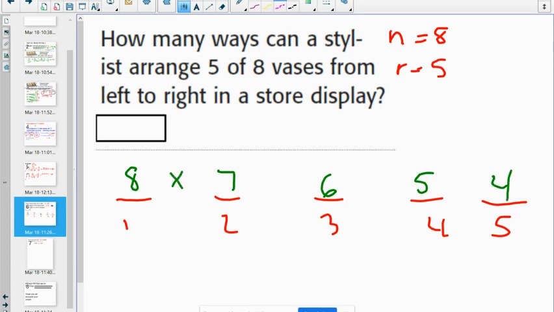So we're left with 8 times 7 times 6 times 5 times 4. And that is going to be a larger number. That's the same thing as 6,720 after you type that all into your calculator. But again, you can also write that out as 8P5 into your calculator, and it will get you that same answer.